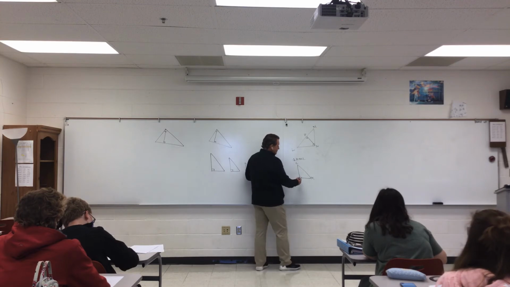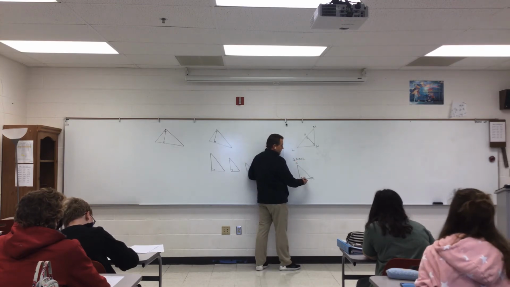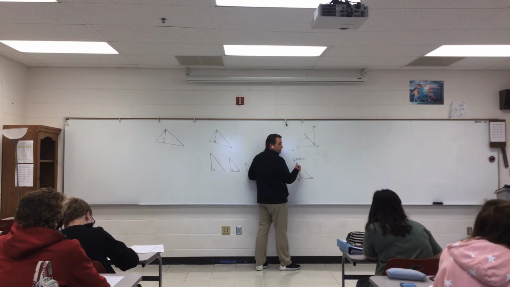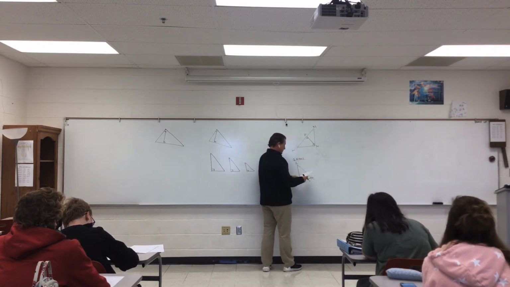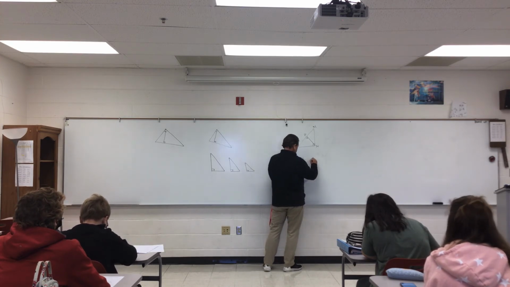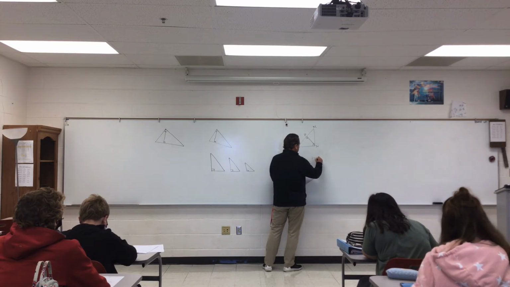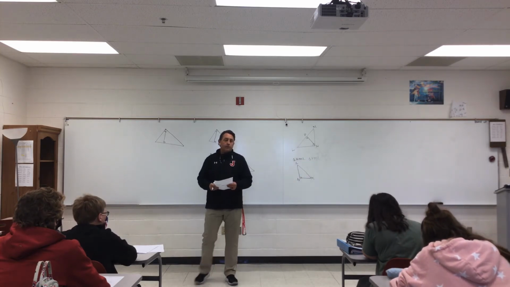So when they named this one, they went NML. You guys see how they went along the shorter leg, then up the hypotenuse? I'm going to do that same thing with my next one. I'm going to do PNL. That's what you would write. Okay, so write that in now.